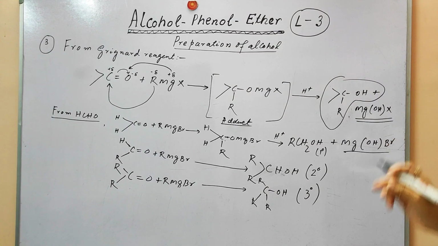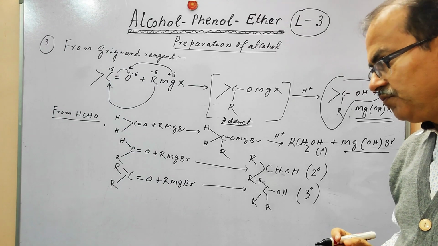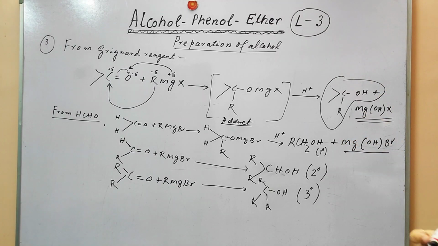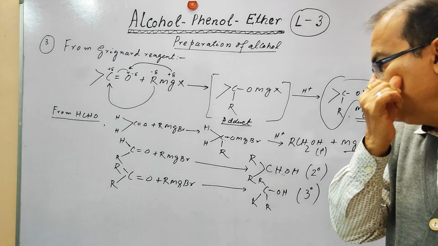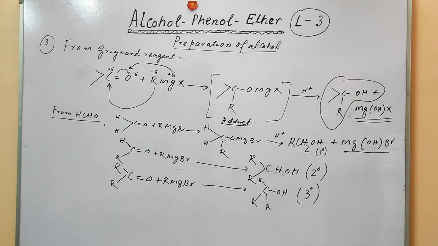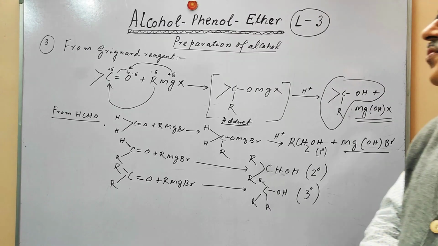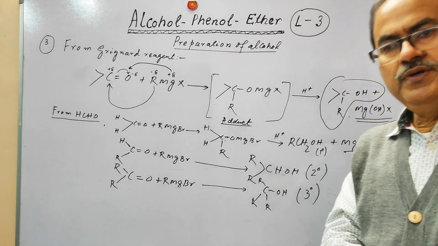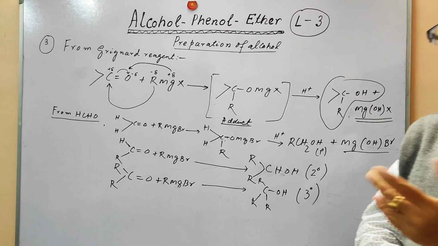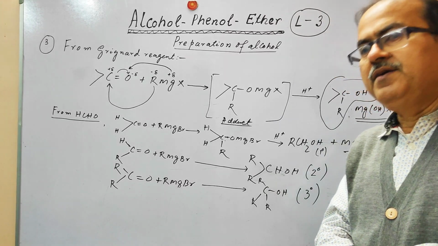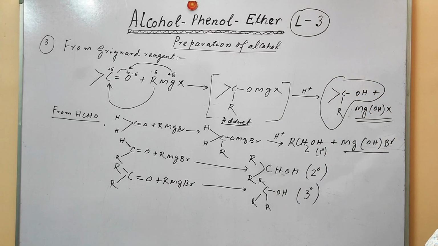So only from formaldehyde can we produce the 1 degree alcohol, and with other aldehydes or ketones we will produce secondary or tertiary alcohols. Okay, so when Grignard reagents react with aldehydes or ketones, they give different types of alcohols.